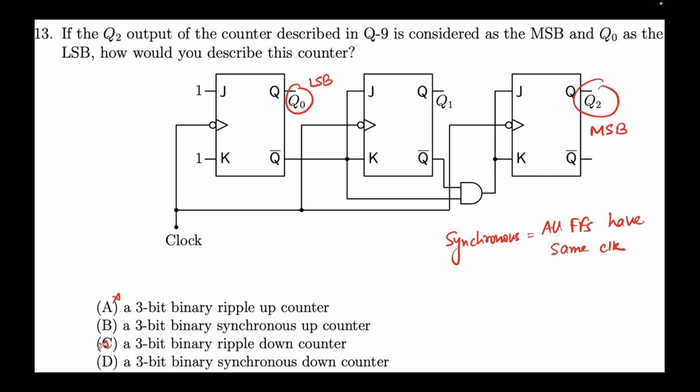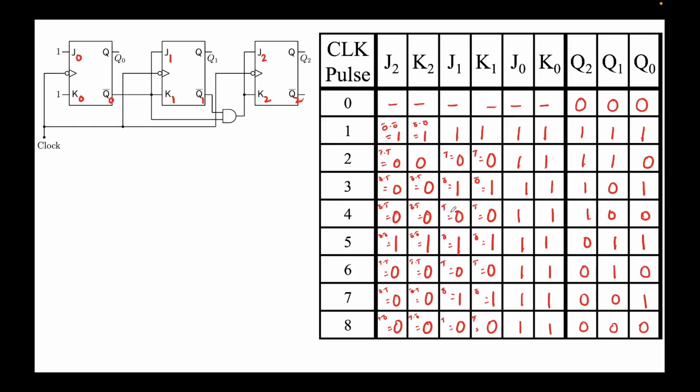Option A is wrong, option C is wrong. Next thing, is it up or down? For that we need to see the truth table. This was the diagram, this was the truth table. Now as you see, Q2 they are saying is the MSB, right? So 1 1 1, 1 1 0. Now you can just obtain the binary number corresponding to this. We have seen that, right?